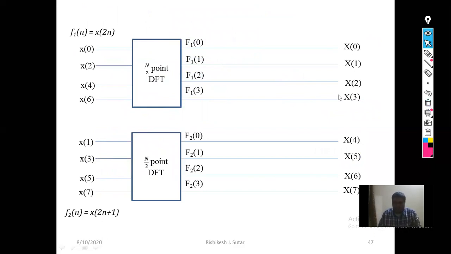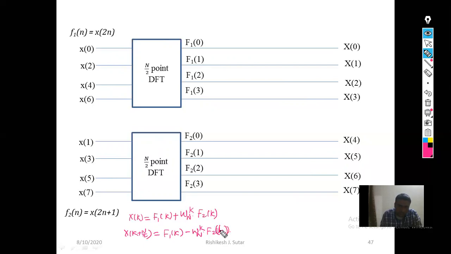For our ready reference, let us write the expressions we have considered: x of k is equal to f1 of k plus w n k f2 of k, and the second one is for x of k plus n by 2, which is equal to f1 of k minus w n k f2 of k.